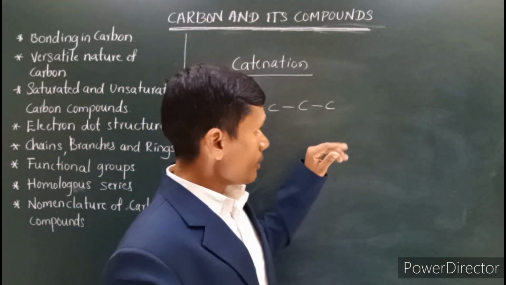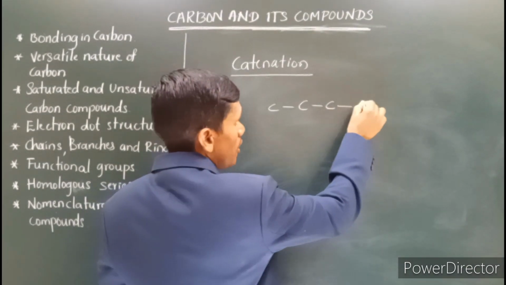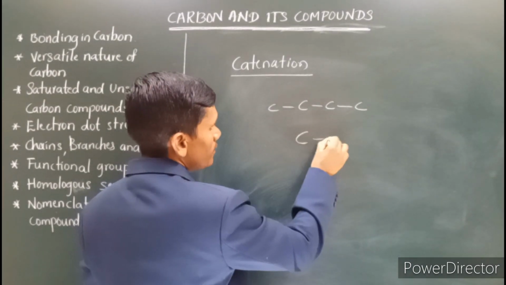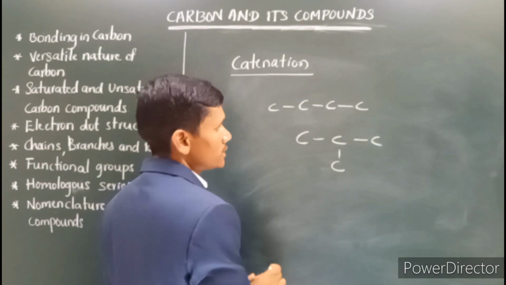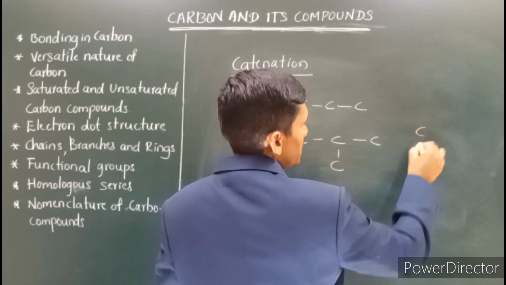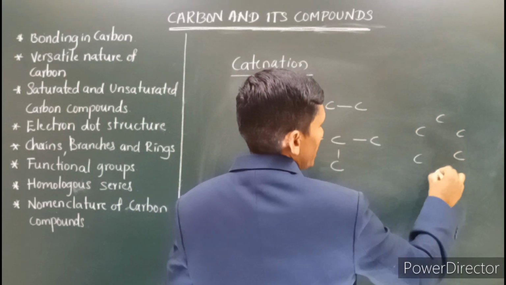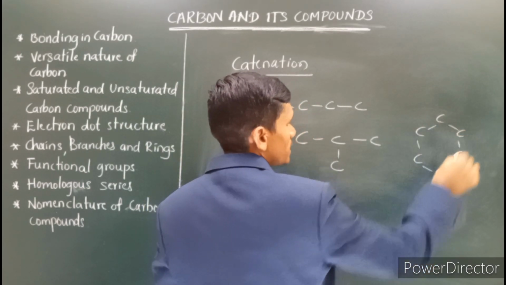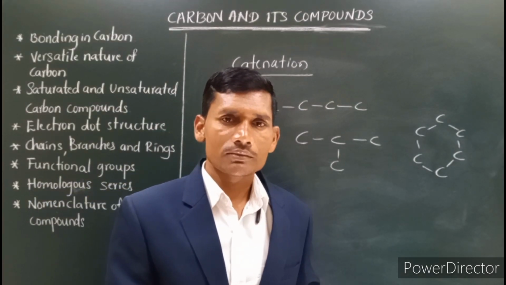With the help of this property, it forms long chains of carbon, branched chains of carbon, or carbon atoms arranged in rings. Because of this special property of catenation, it is making millions of compounds.